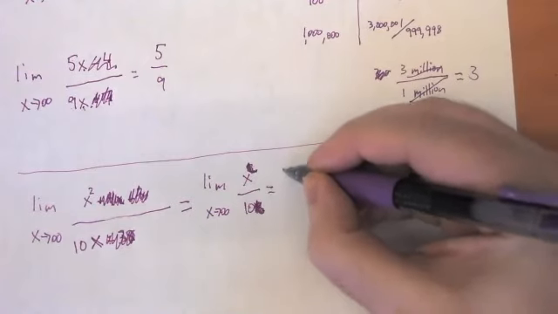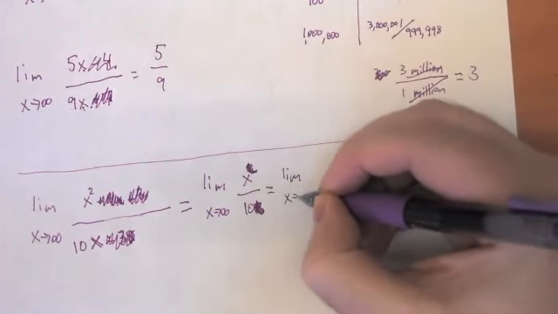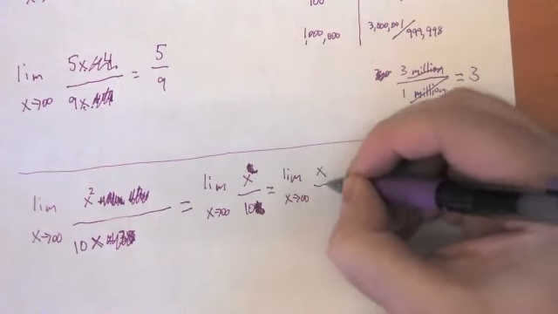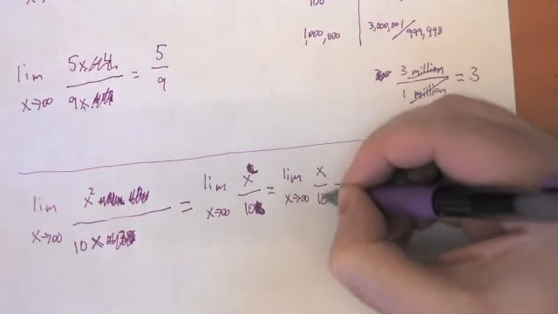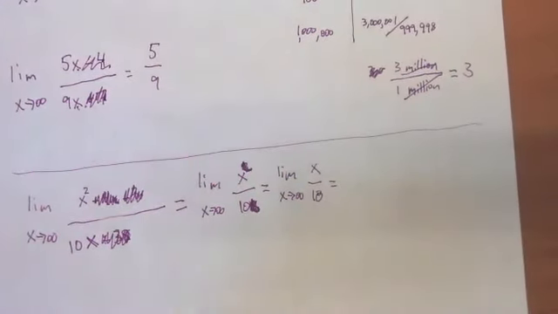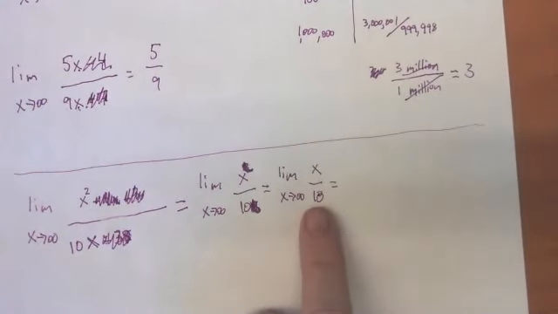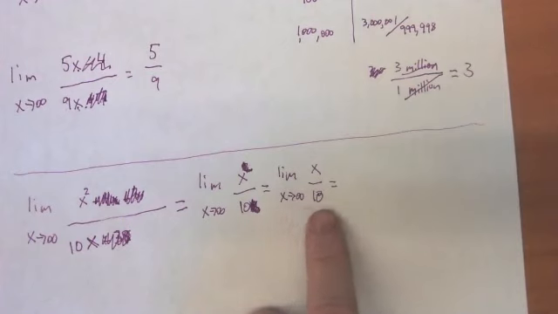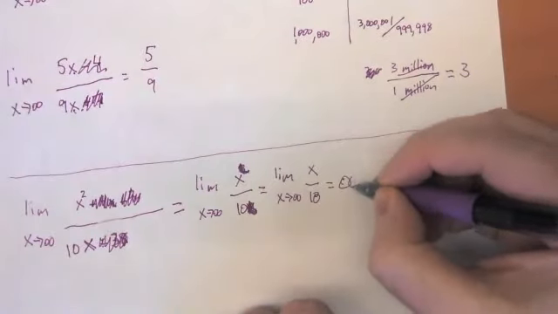So now I've got the limit as x approaches infinity of x over 10. What's that equal to? Well, now we've got one of the rules that we were using in our earlier videos, that we've got a case where x is approaching infinity in the numerator, but the denominator is staying constant. And so we remember that that is equal to infinity.